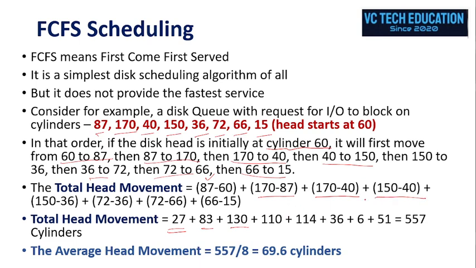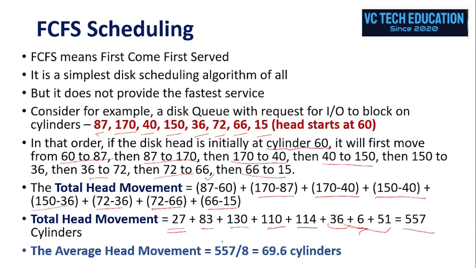Then 150 minus 40, the value is 110. Then 150 minus 36, the value is 114. Then 72 minus 36, the value is 36. 72 minus 66, the value is 6. Then 66 minus 15, the value is 51. The total head movement of the cylinder is 557.